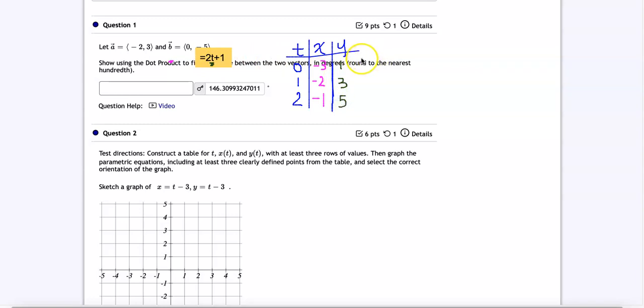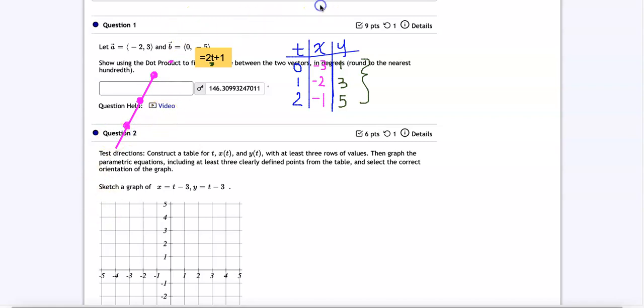So now you have 3 points, x, y, x, y, x, y, and you want to plot those on your graph. The directions say that we are to use clearly defined points, so make sure these points are big enough that I can see that you've plotted them, and then connect the dots with a line.